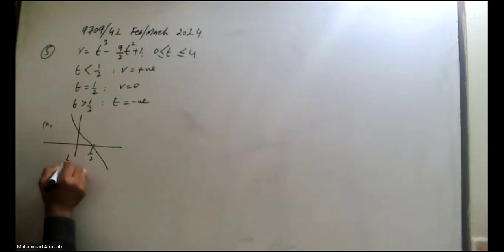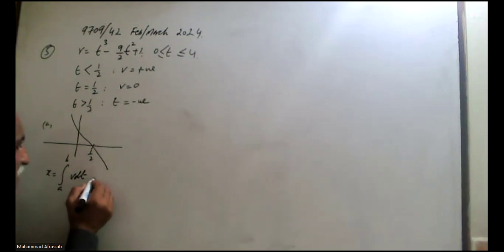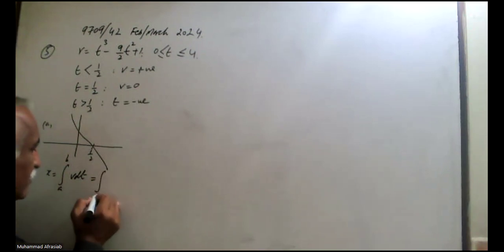Now displacement x is basically the integral from a to b of v dt. So that is going to give us the displacement. So we can have this as the integral from 0 to half of t cube minus 9 over 2 t square plus 1 dt, because velocity is given as this value.